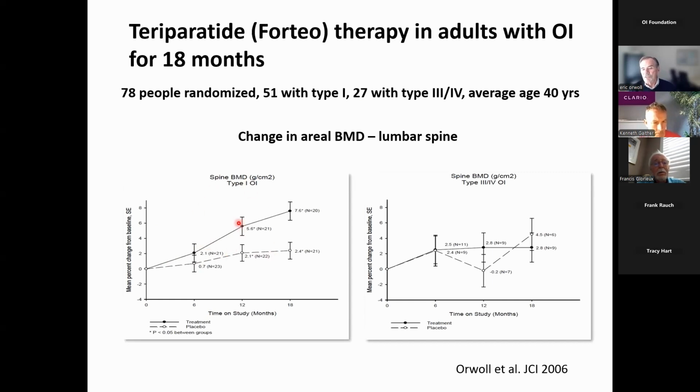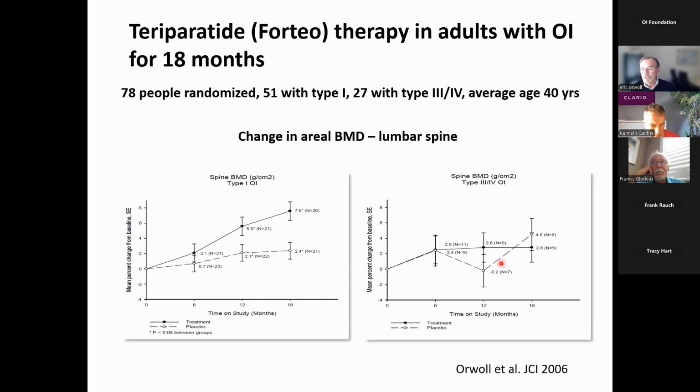On the left are type 1 OI, on the right side, type 3/4 OI. So it looked like there was a good response in terms of bone density in the people with type 1 OI, but the response in those with type 3/4 was not so apparent.